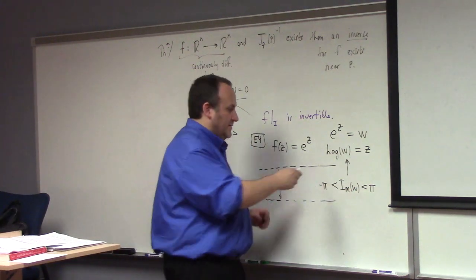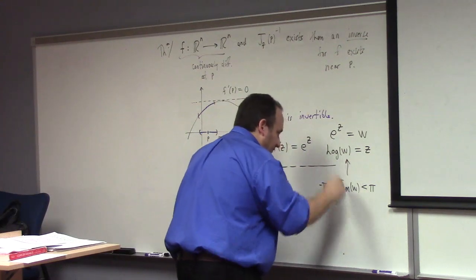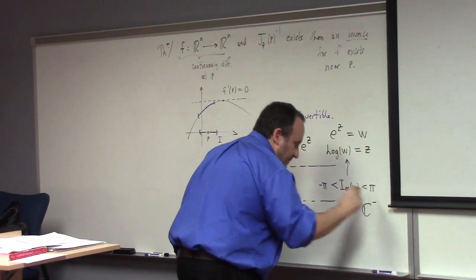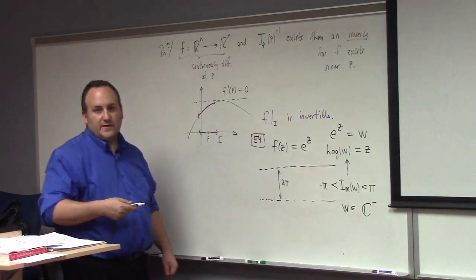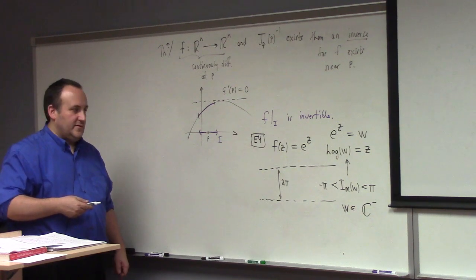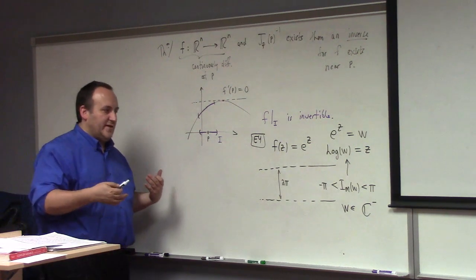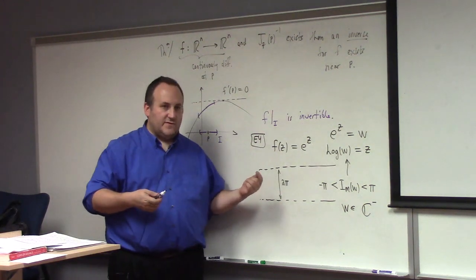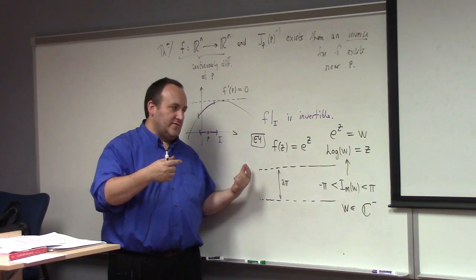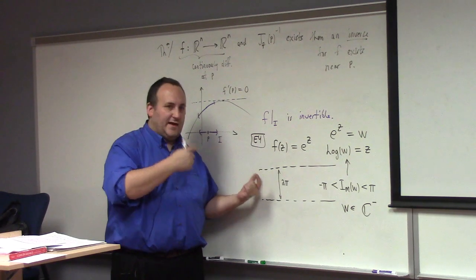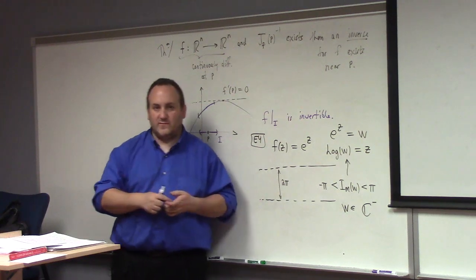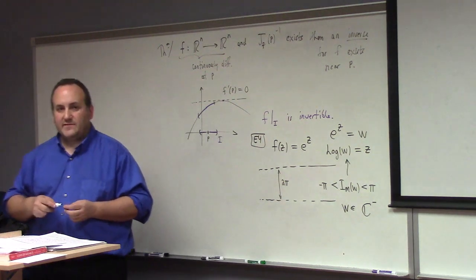In other words, this is true for w in the so-called deleted complex plane. That's a branch cut. So you have to make a branch cut. The branch cut corresponds to a restriction in the domain to make the branch that you cut out the inverse for that restriction.